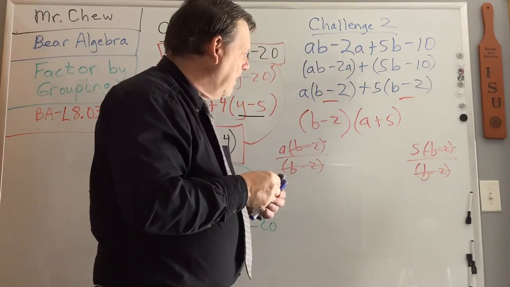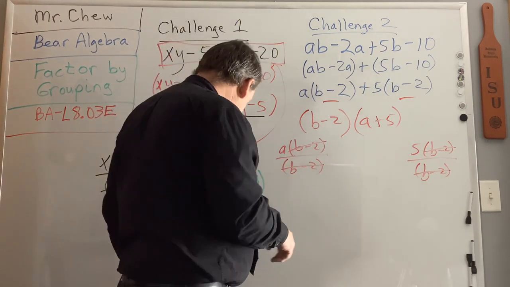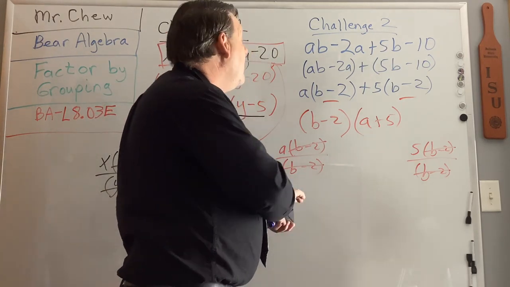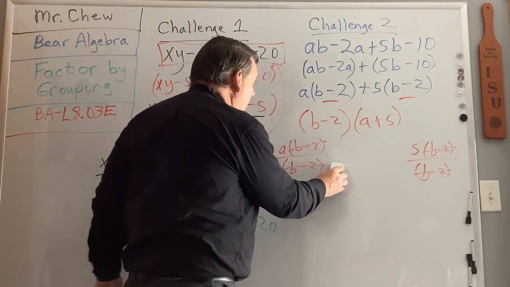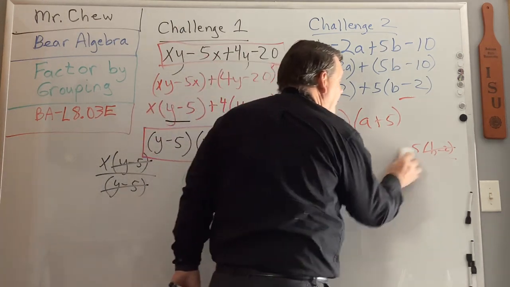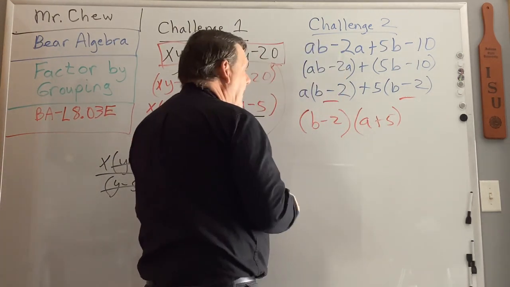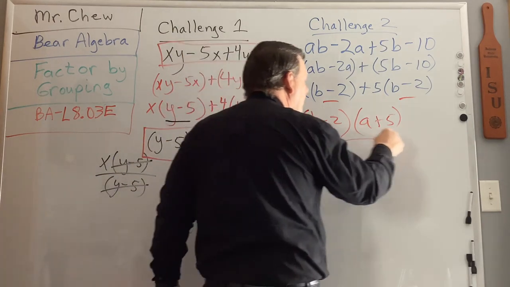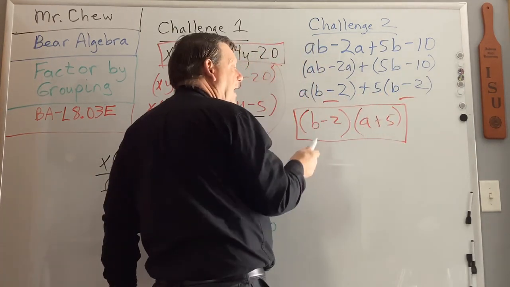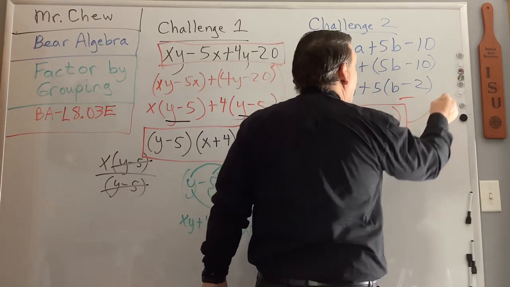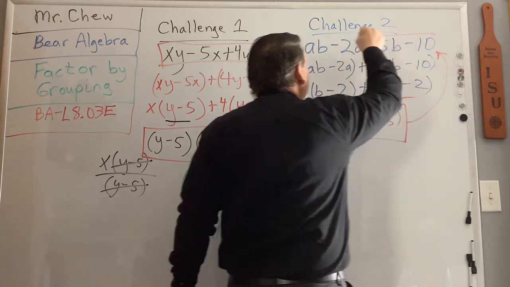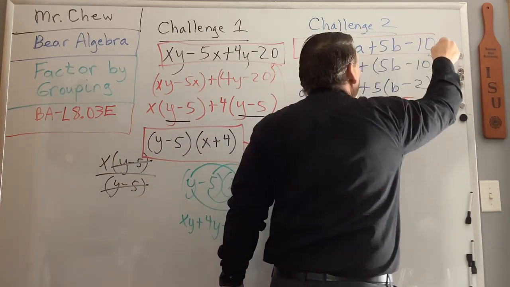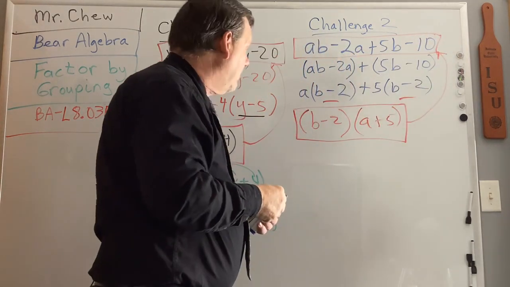So you're saying, okay, but how am I going to check that to see if that's correct? Because remember what this means. This means that this expression that has two binomials multiplied by each other equals this 4-term polynomial.